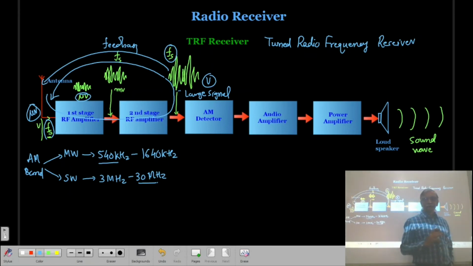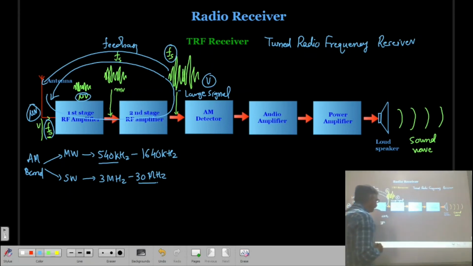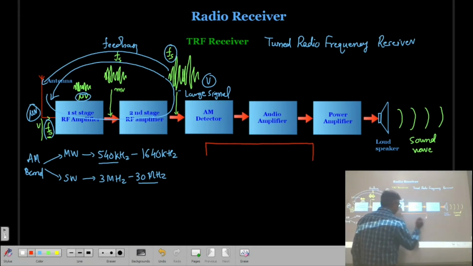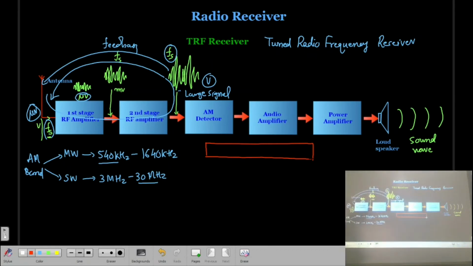Okay? Now, let us say we have a scale. This is my medium wave scale. Correct? What is the minimum frequency? The minimum frequency is 540, or you can say 550 kilohertz.